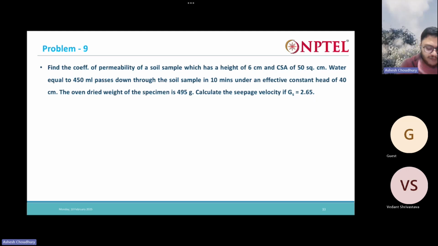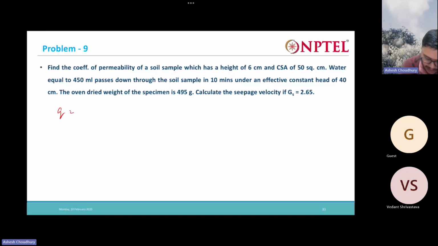So first of all, the first task is to find out the flow. Let us write down the flow. Okay, so flow is how much? It's given 450 milliliters passes through the soil in 10 minutes.